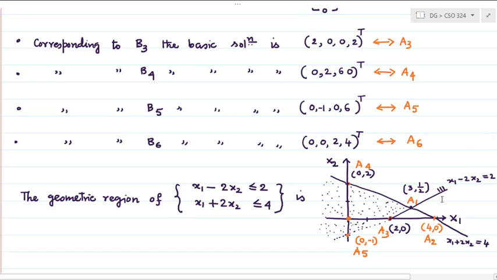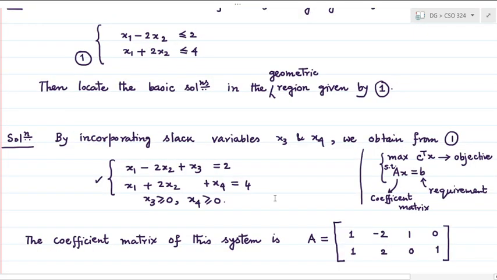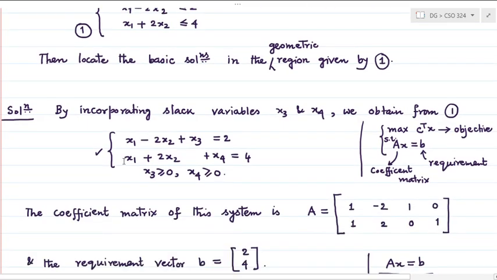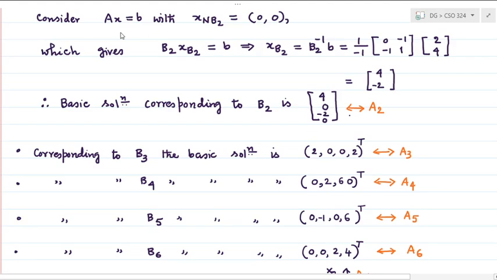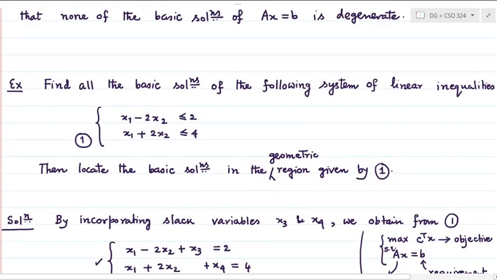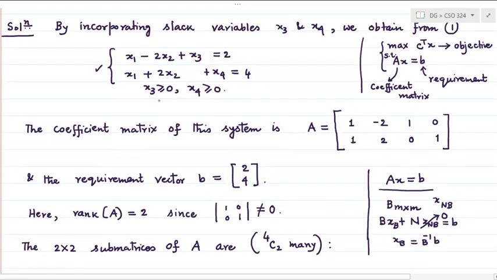But you notice the following. Let us reanalyze the basic solutions. You notice that the given system of inequalities was this, right? Any solution for this system must be a solution of this equivalent system, where x3 and x4 must be greater than or equal to 0. So wherever x3 is not greater than or equal to 0, those are not solutions of this entire system.